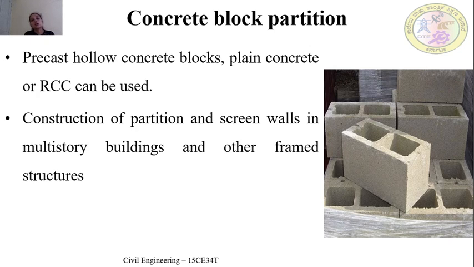So next is the concrete block partition. Concrete block partitions may be used in the form of either precast hollow concrete blocks, plain concrete or RCC. Hollow concrete blocks are extensively used for the construction of partition as well as screen walls in multi-storied buildings.